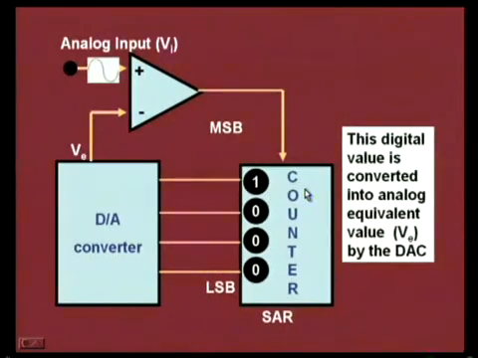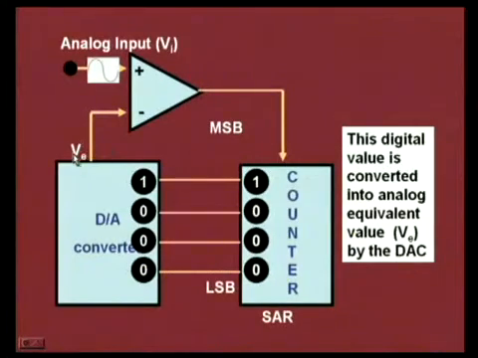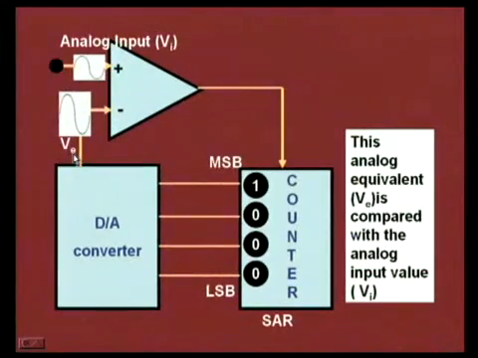Then this digital value is converted into an analog equivalent value by the digital to analog converter. So, this value is sent into the digital to analog converter, and it converts the digital value into an analog value and gives an output value Ve. Suppose this is the analog value required.